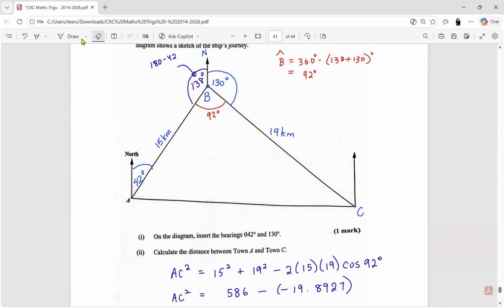So if it's town A from town C, remember, your north line is here, right? So the angle, you're opening that angle in a clockwise direction.